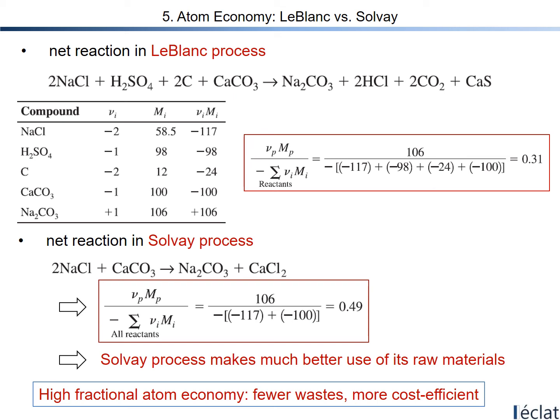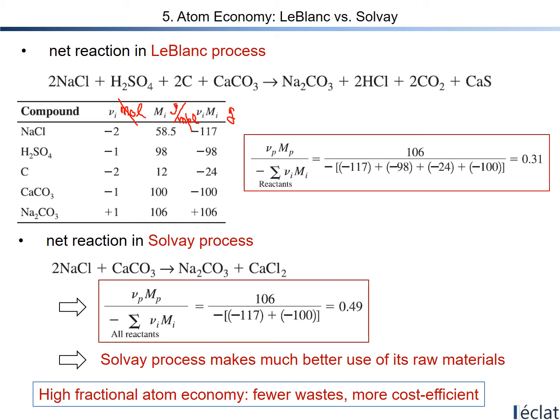The stoichiometric coefficient has the unit of mole, and the molecular weight has the unit of gram per mole. So the product of stoichiometric coefficient and molecular weight is moles times grams per mole, so mass. So in the last column you can find the mass of each compound consumed or generated during the process.